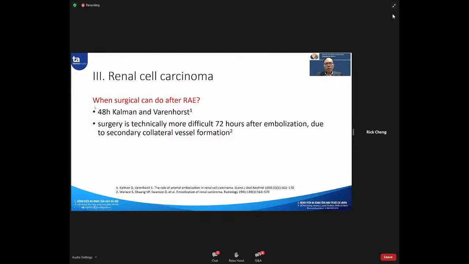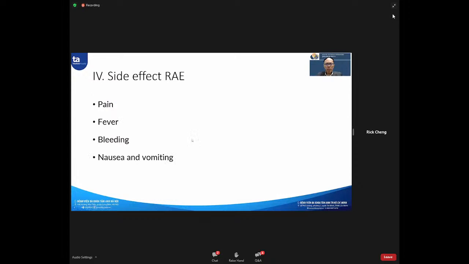So when can the surgeon operate after RAE? Almost all of the research, as I said, says within 48 hours. If you do the surgery more than 75 hours after the operation, it may cause more blood loss, because of secondary collateral vessel formation.